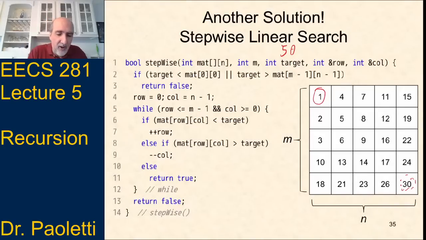If this target was, let's say, 18, then I would look here. That's not it. I've got to go down. So I eliminate this. I go down. That's too big. I eliminate that, and I go here. That's not 18, but I eliminate that and go down. That's not 18.